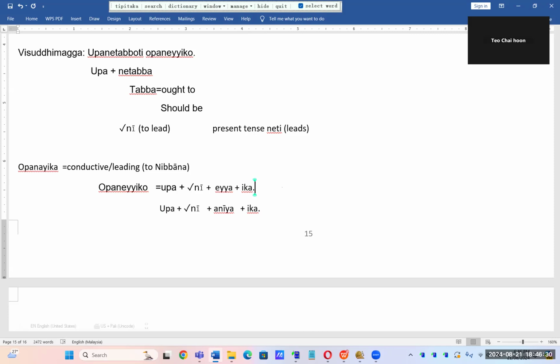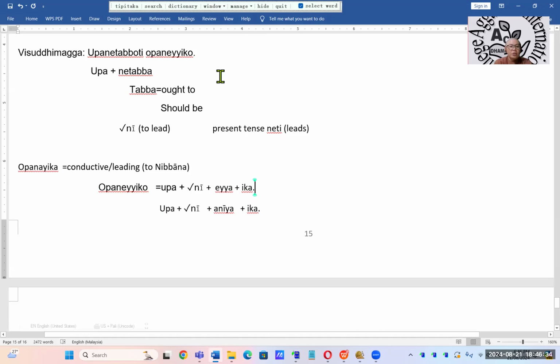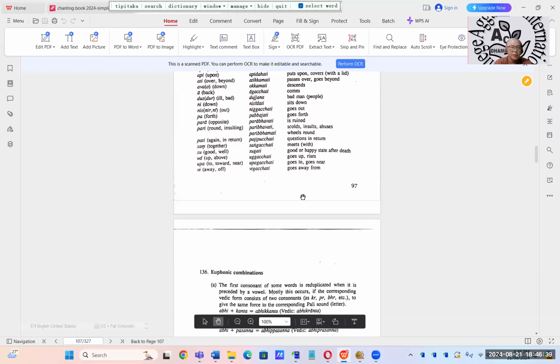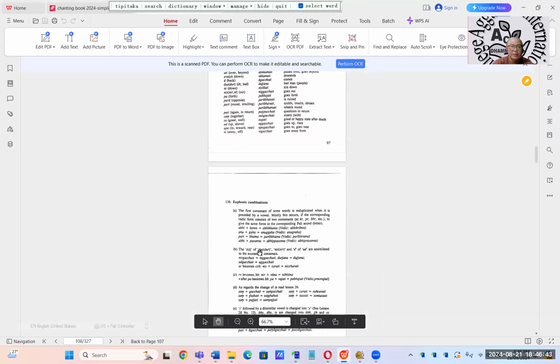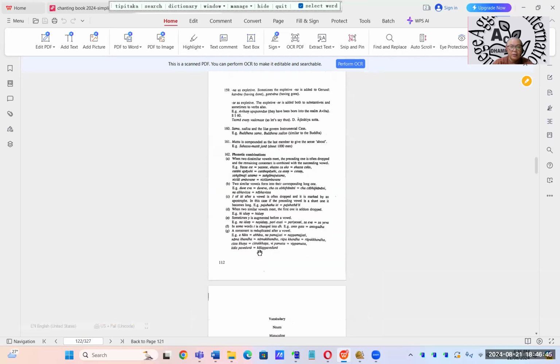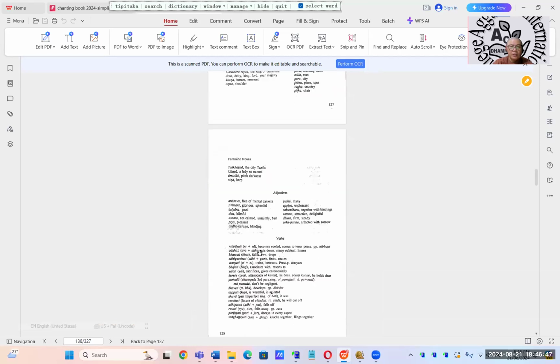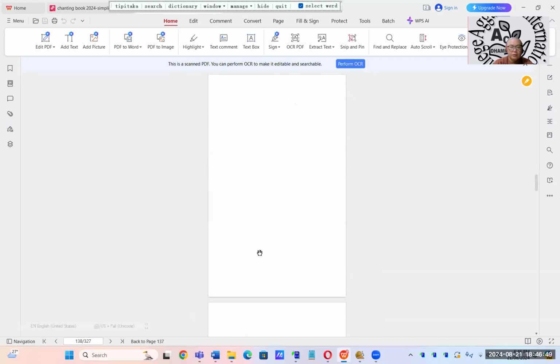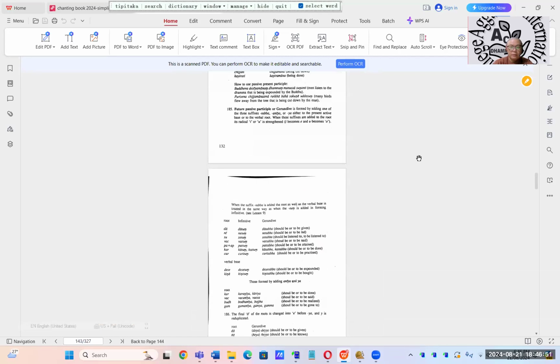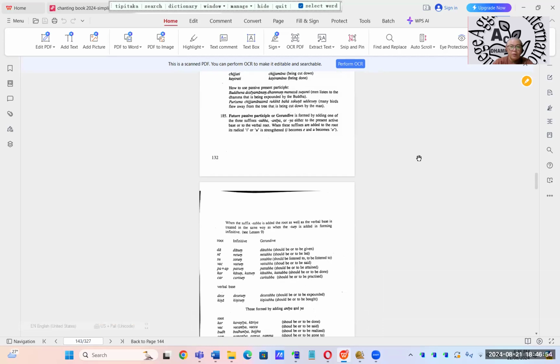Yes. Aya and aniya is the same, is it? Or is the aniya the same as the taba? Okay. Because just now in the passive sentence, we have the aniya suffix. Yeah. Lesson 30. Oh yeah. Okay.